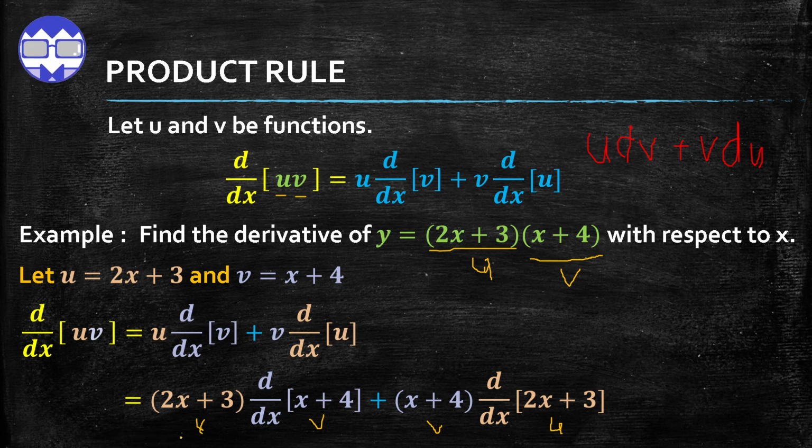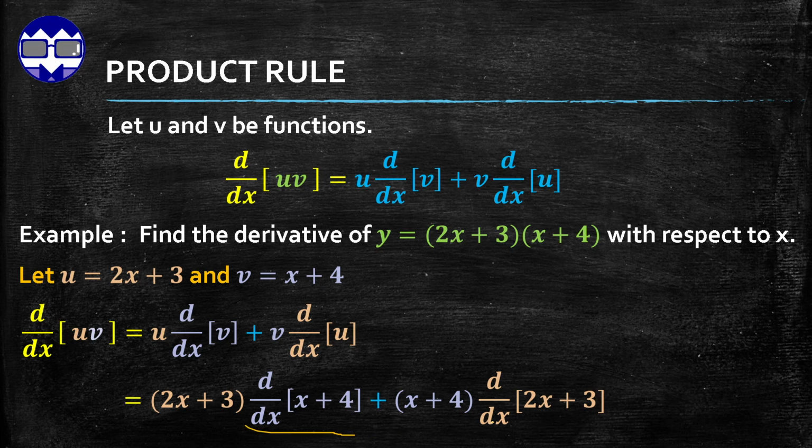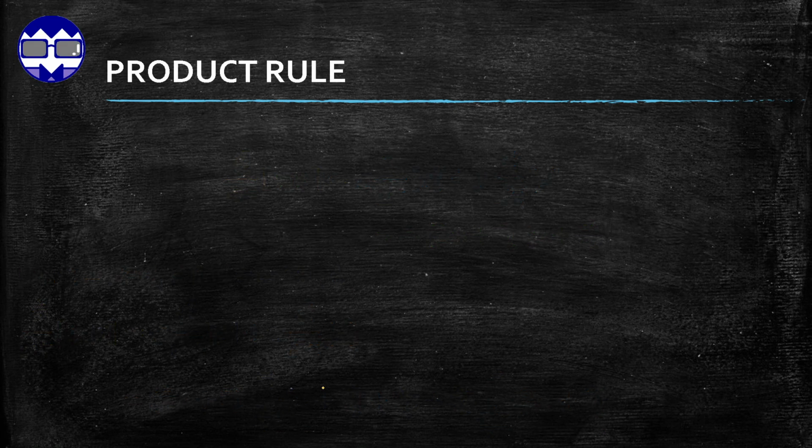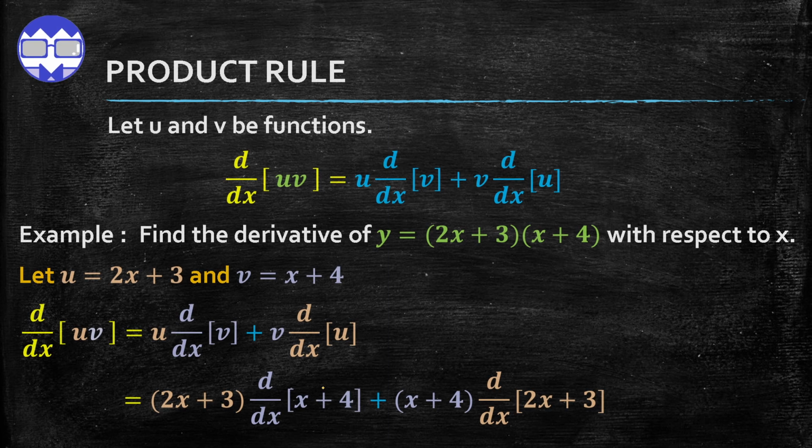So we just need to get the derivative of x plus 4, and this, 2x plus 3. And then we simplify. Okay? So the derivative of... Okay, so it might not be very obvious. The derivative of x plus 4, so this is just x. Take note, the exponent here is 1.